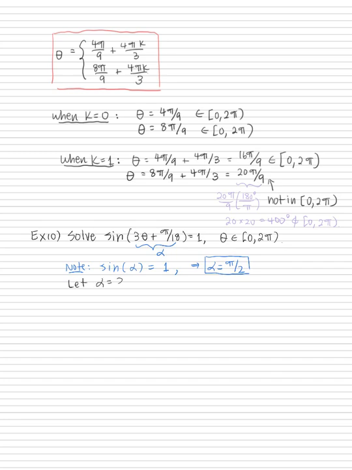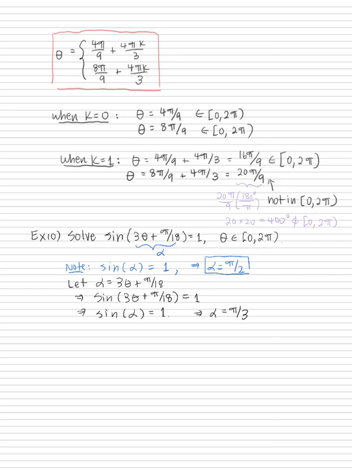Let alpha be 3 theta plus pi over 18. Okay, then sine of 3 theta plus pi over 18 equals 1 becomes sine of alpha equals 1. And we just figured out that alpha is pi over 2.